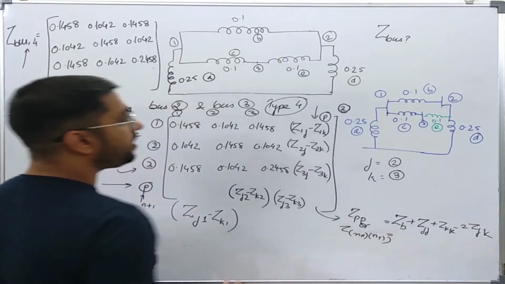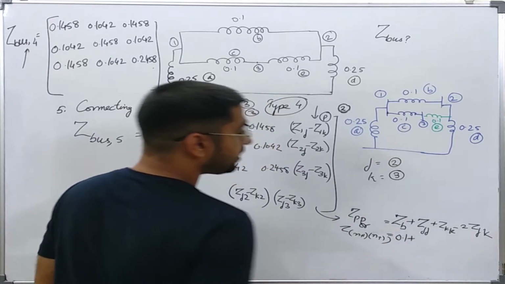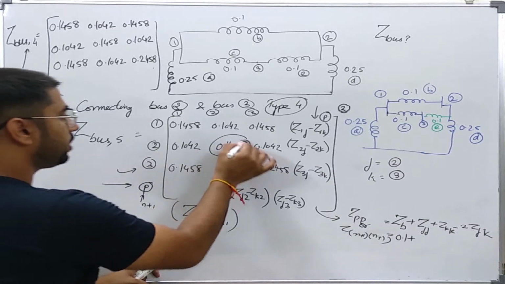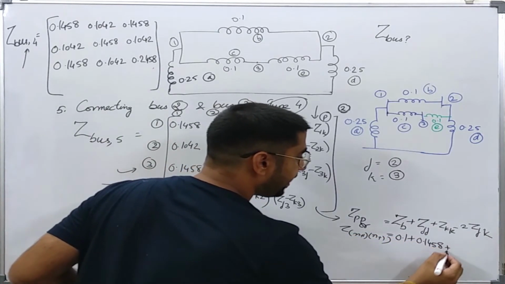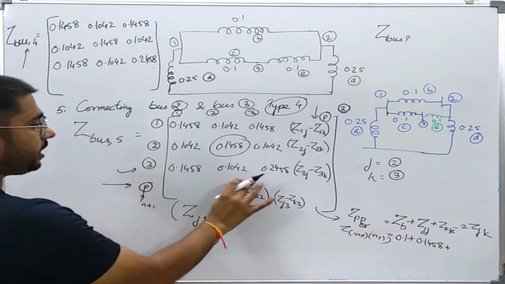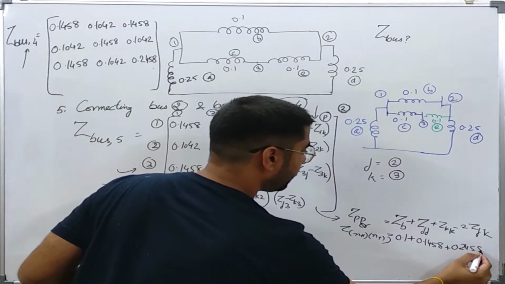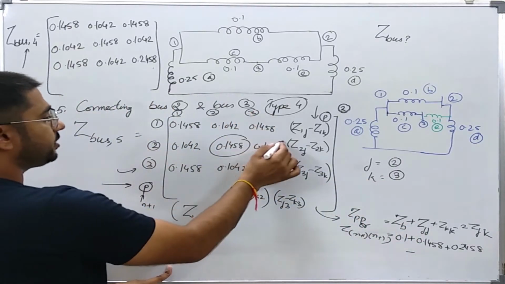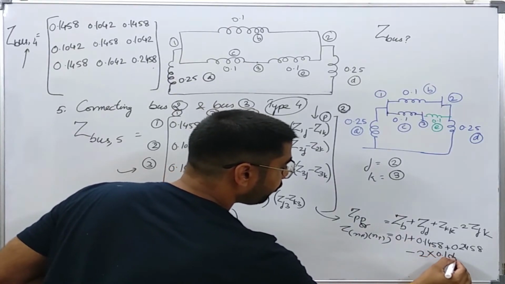So Z branch is 0.1, and ZJJ, Z22, is 0.1458, and ZKK, meaning Z33, is 0.2458, and Z23 is 0.1042, twice of 0.1042.